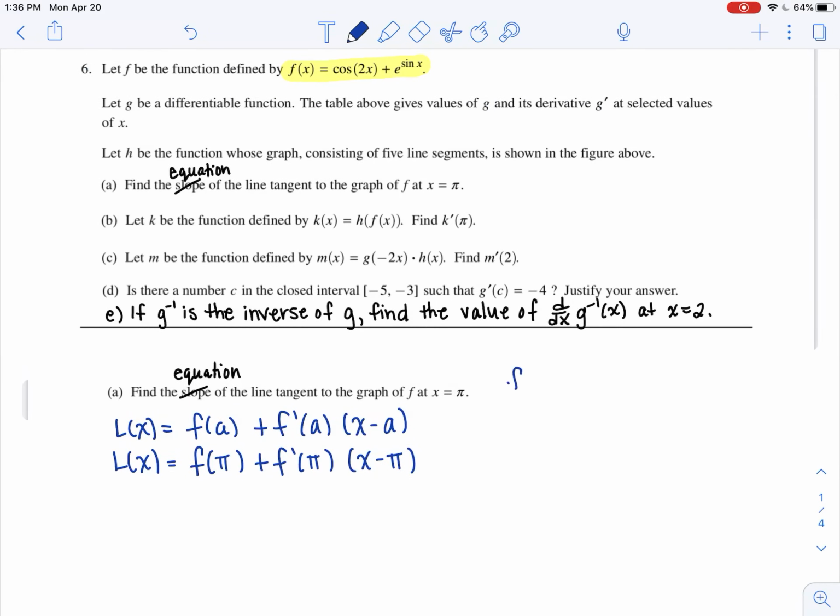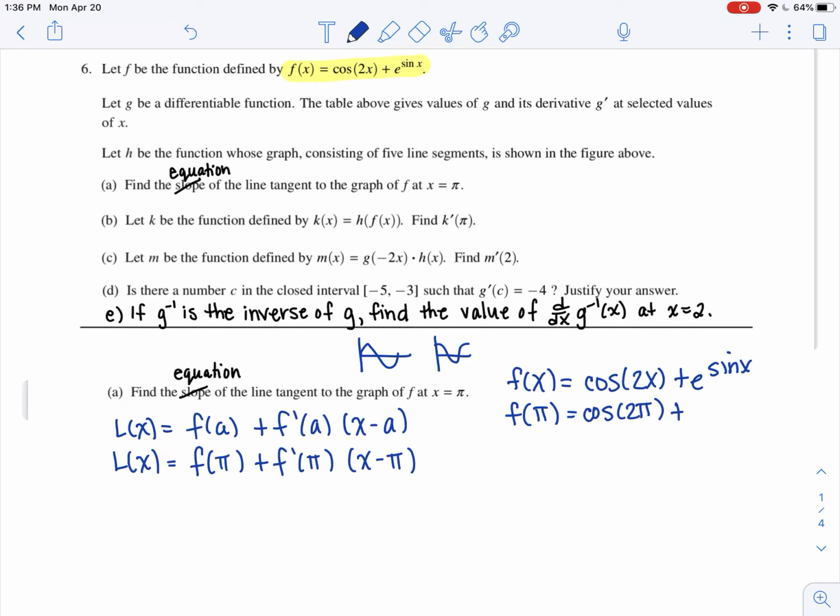Okay, so let's start with f of pi. The function f of x is cosine of 2x plus e to the sine of x. So if I'm doing f of pi, remember, you probably want to be thinking of your basic sine and cosine curves for some of those basic trig values. You don't have to go too crazy with them, but that would give you a basic understanding.